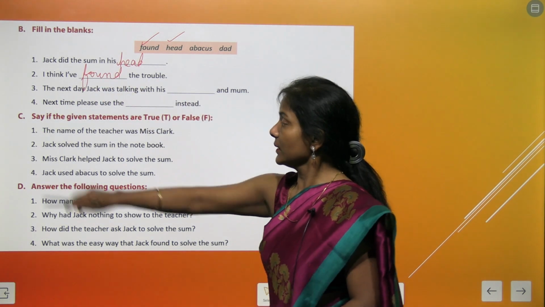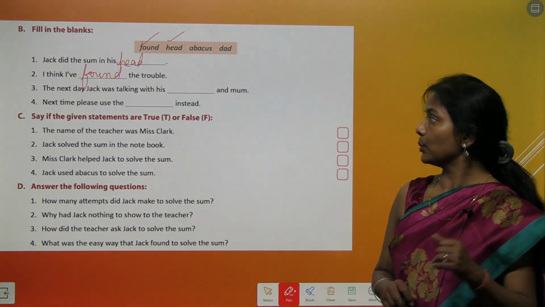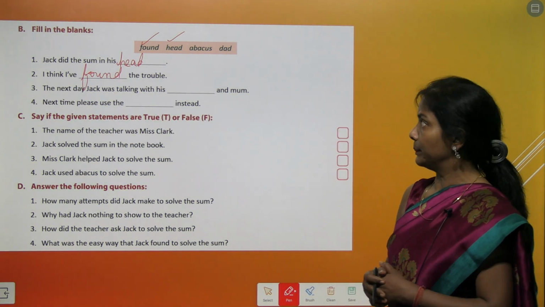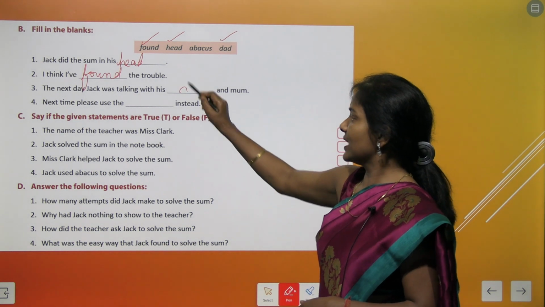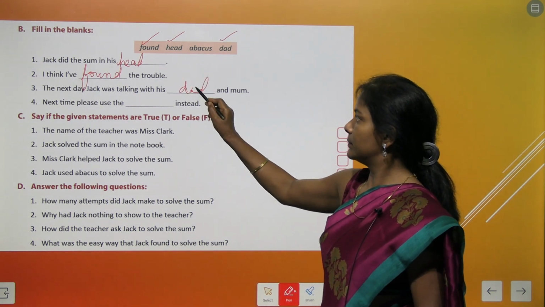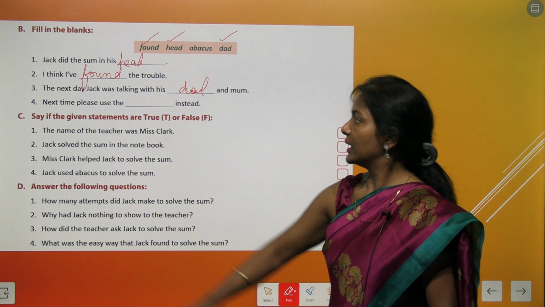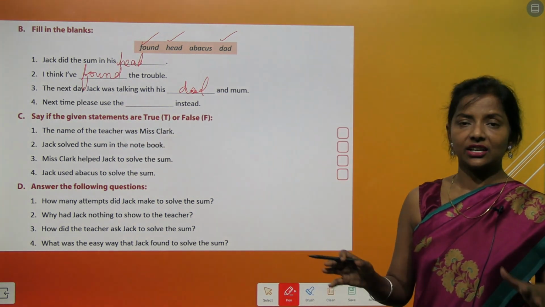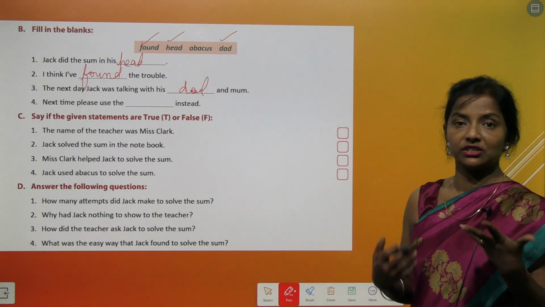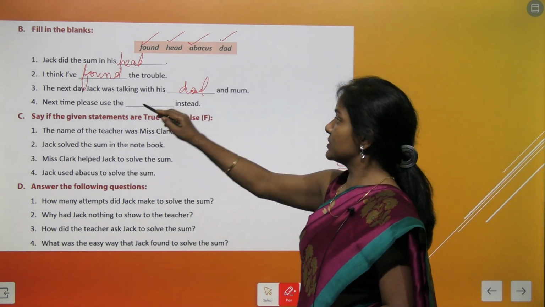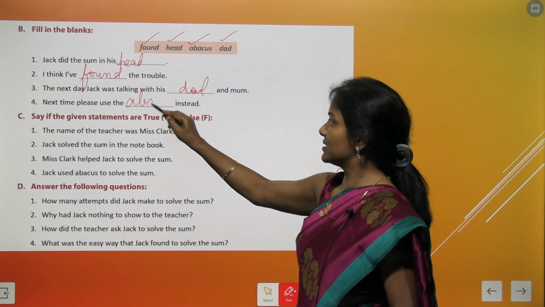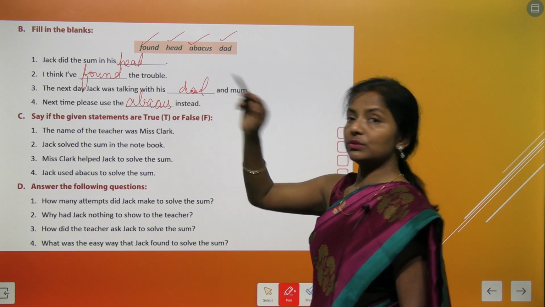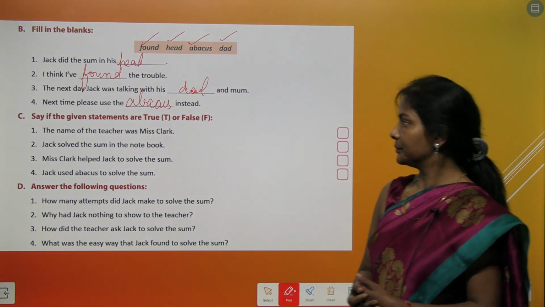F-O-U-N-D. The next day, Jack was talking with his dad and mom. Next time, please use the abacus instead. The teacher said that next time, please use the abacus instead to do any sum.